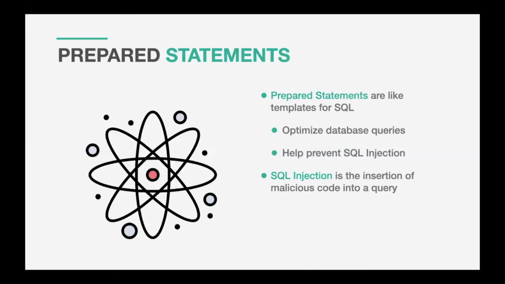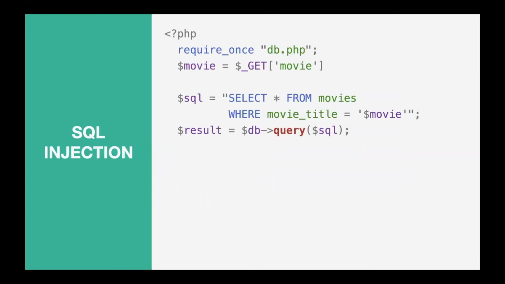So let me show you how this could be possible. Let's take a look at this code right here. Let's say we have a required once where we're retrieving our database connection, and then we have a search box, and we want to allow somebody to search for a movie, or display a specific movie from the URL.